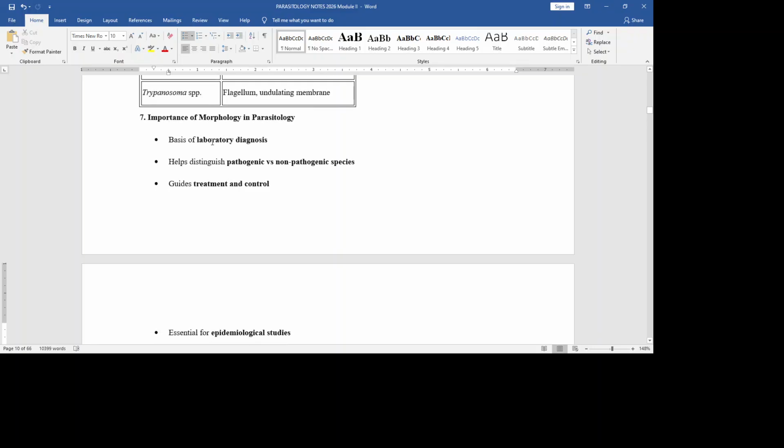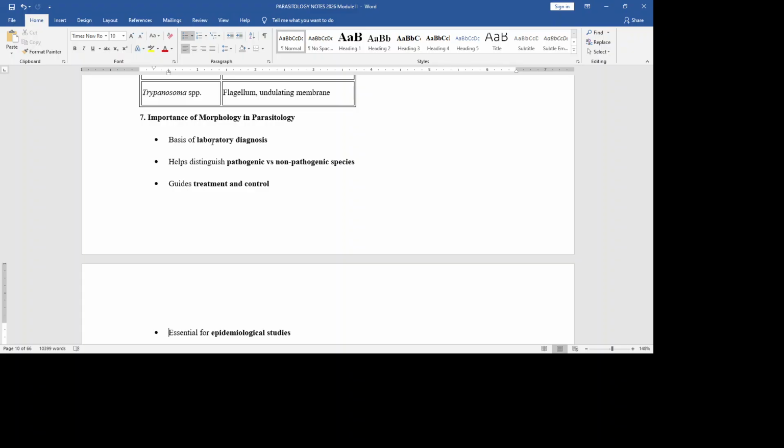Now, having had this summary of a rather lengthy discussion of the morphology of the various classes of protozoan groups, we want to ask ourselves, why is it important for us to understand the morphology in parasitology and even in protozoology?